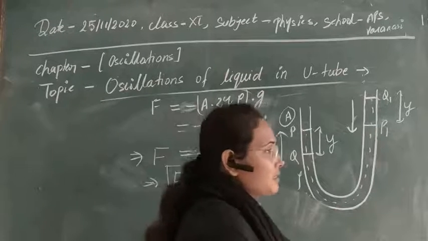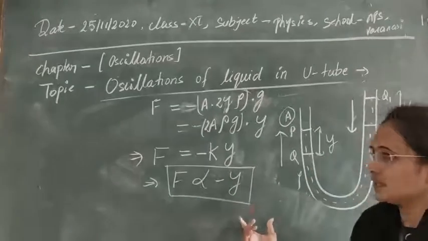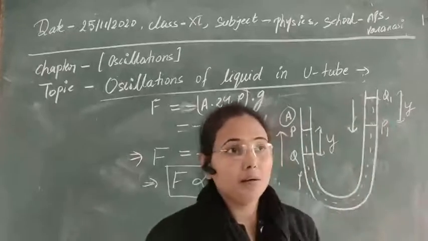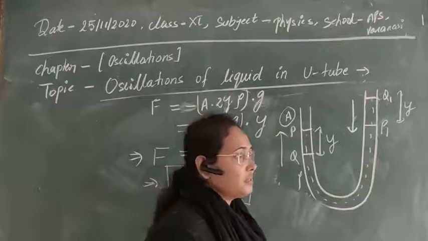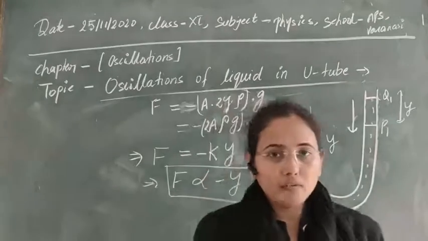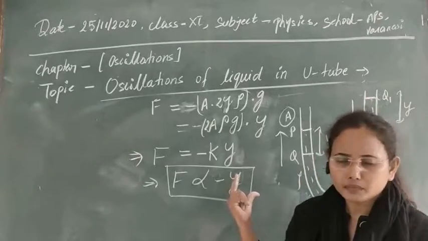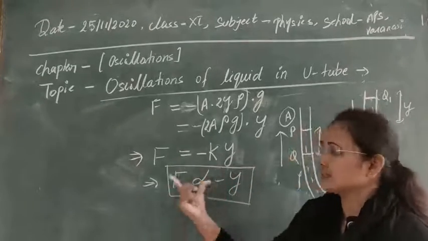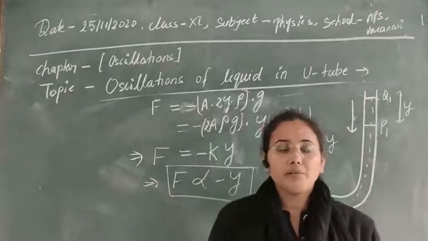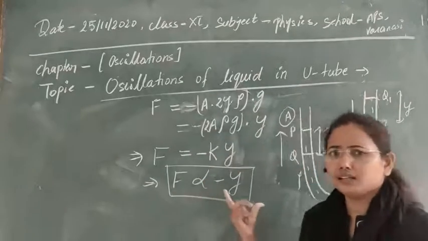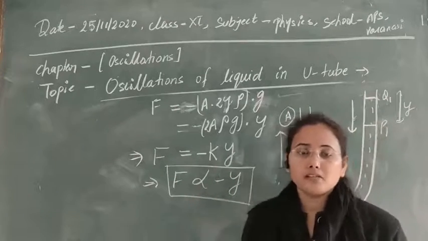As this is the same formula as we have obtained in case of simple harmonic oscillation, it means that to perform simple harmonic oscillation, a restoring force will be developed in the system, and its value will always be proportional to the displacement produced in the system. We have already seen this in the spring mass system, in the simple pendulum, and in all the examples, like the combination of springs.